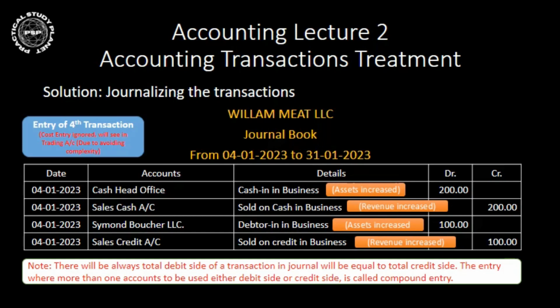That asset will increase, so it will be written on the debit side, and the sales will be credited. Here you can see the cost entry is ignored. We will see it in the trading account, to avoid complexity. We are not discussing the cost of sales here because we will study it in cost accounting.